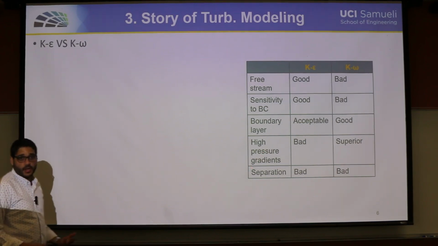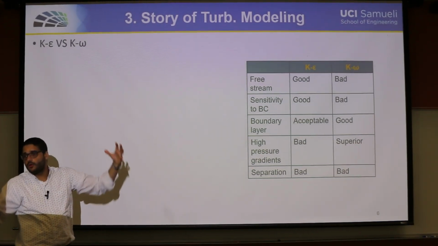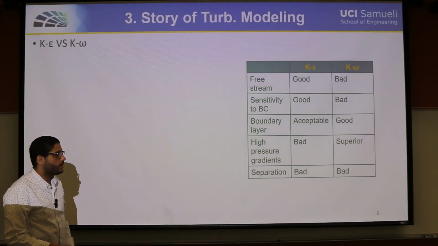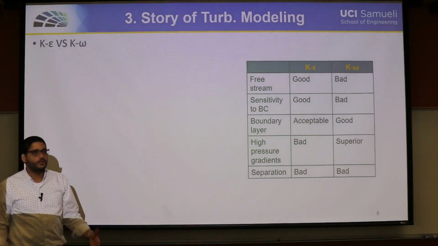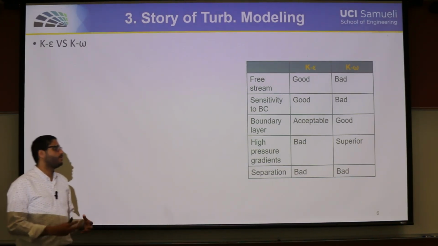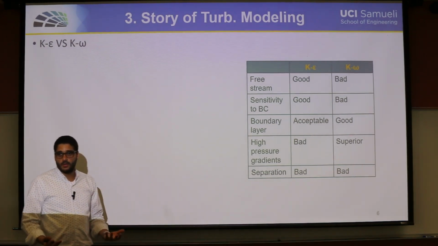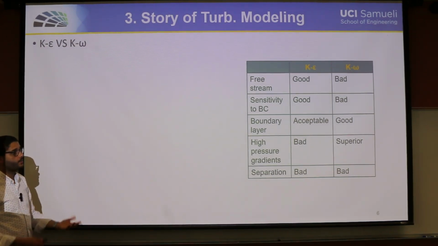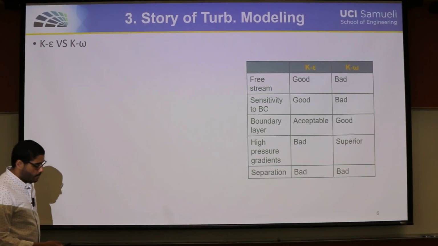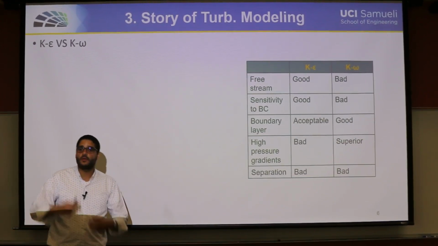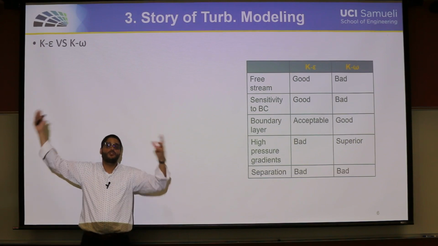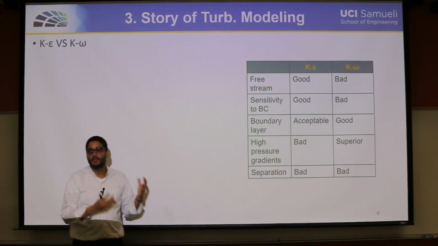And for high pressure gradients, or in other words, if you have a very curved shape, the K epsilon has a bad behavior actually. I don't like to say that word, but it's kind of a bad behavior. However, the K omega is very superior compared to K epsilon if you have a large curvature. And moreover, if you have a large separation in your flow field, both of these models are not that good.